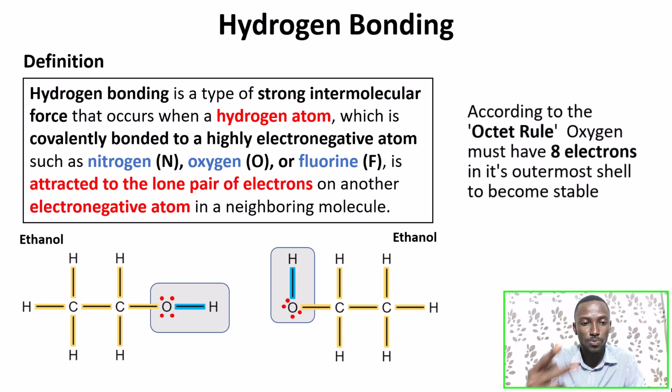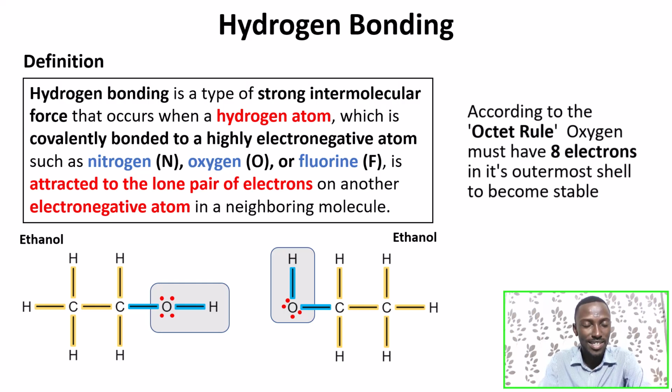The next covalent bond, between oxygen and carbon, is another pair containing 2 electrons. So we have 2 between oxygen and hydrogen, and 2 between oxygen and carbon. 2 plus 2 gives us 4, and 4 plus the remaining 4 lone pair electrons gives us 8.